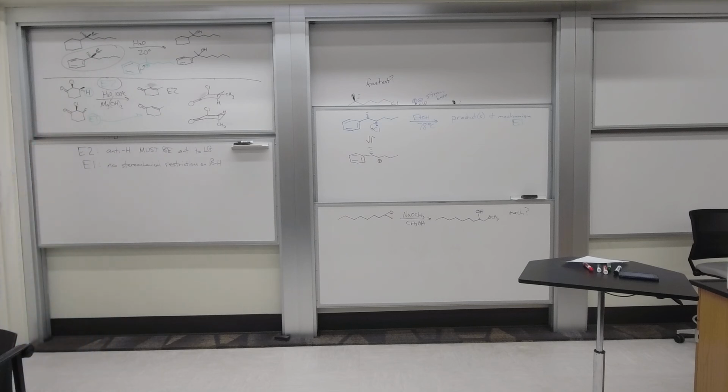We got to it being an E1: there's a leaving group, there are beta protons, the leaving group's secondary, and there's not a good nucleophile or a strong base. Ethanol is going to be a weak nucleophile, weak base. So the leaving group leaves.